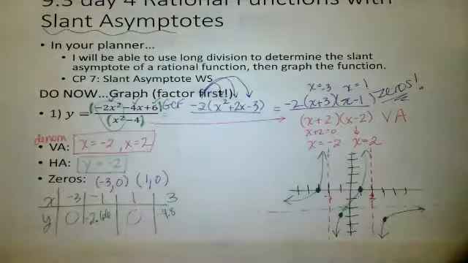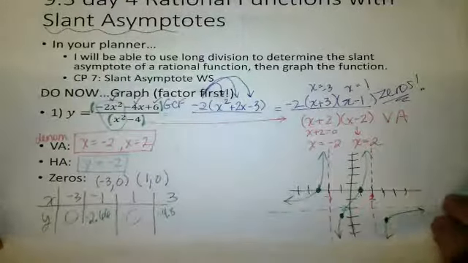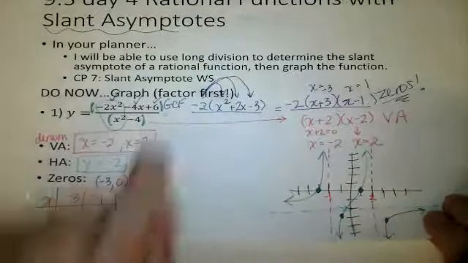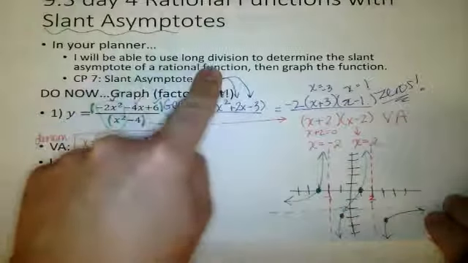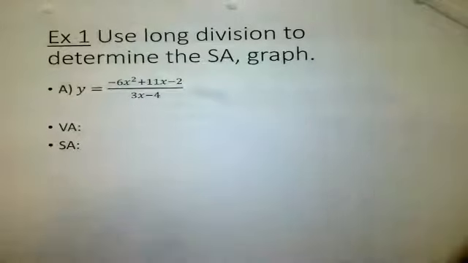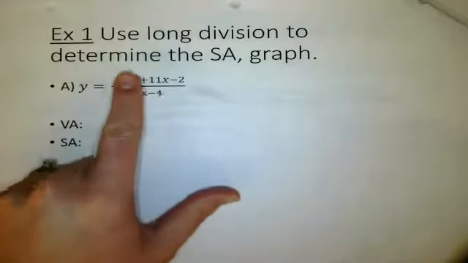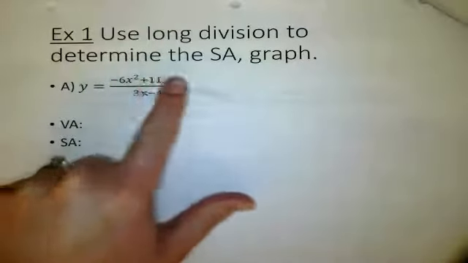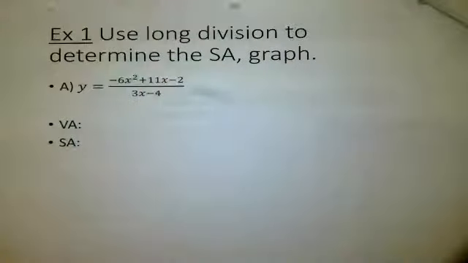It wraps up a lot of information. And so today, we're actually going to have to use long division. We only have one practice, and hopefully long division should hopefully be okay. So you'll notice here, it says use long division, determine the slant asymptote graph.